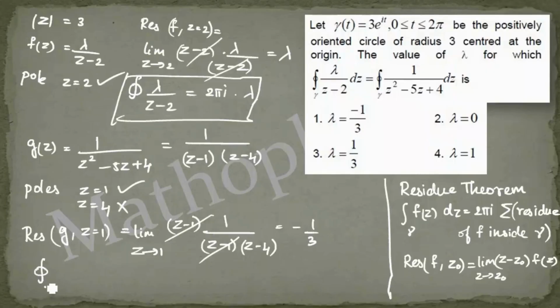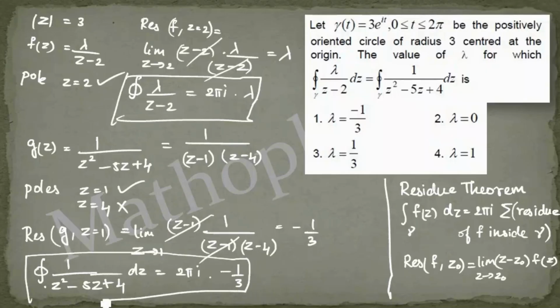So closed integral of 1 by z square minus 5z plus 4 will be equal to 2 pi I into minus 1 by 3. And in question என்ன கொடுத்துருக்காங்க, இந்த integral left hand side and right hand side are equal கொடுத்துருக்காங்களா.